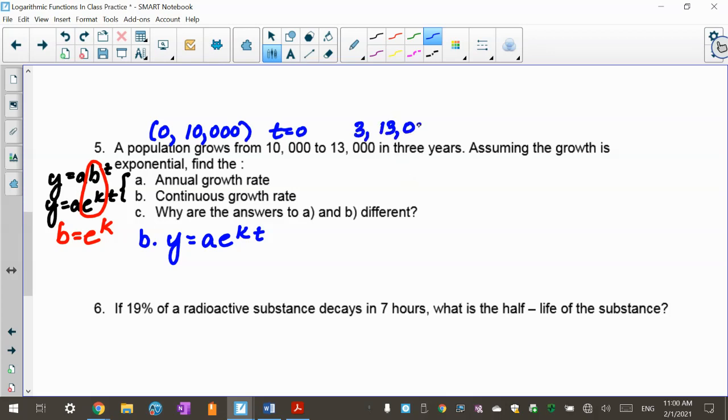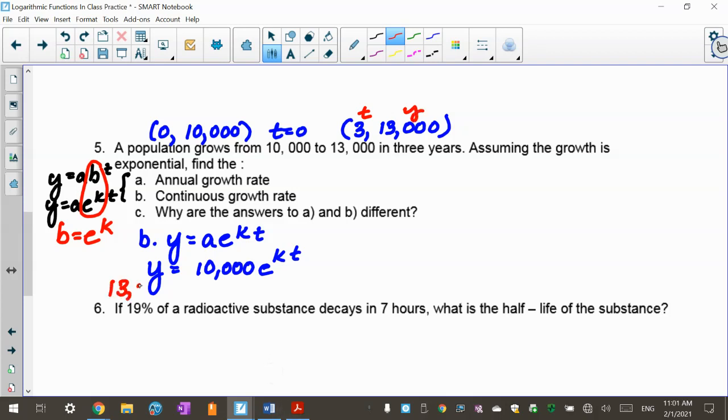So there's that point too. So you have time and population. I know that a is going to be 10,000. So I have y equals 10,000 e to the kt. Now I'm going to plug in the 3 and the 13,000, because this is time and this is my y, or my population.